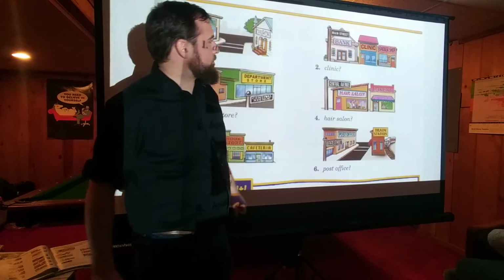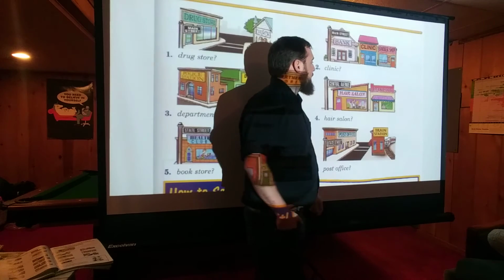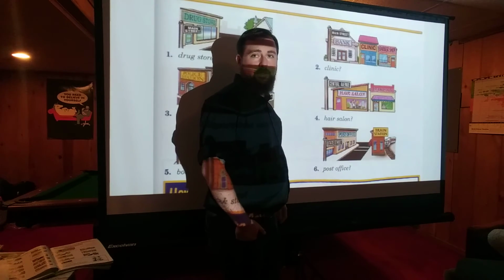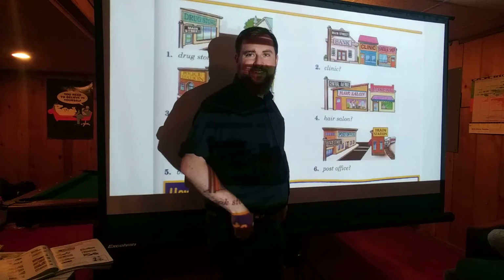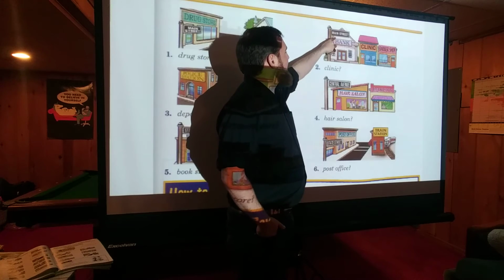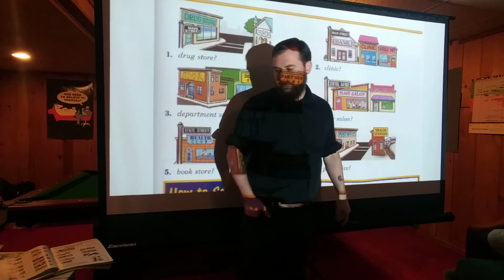Number 2. Excuse me. Is there a clinic in this neighborhood? Yes, there is. Boy, my eyes look kind of cool there, don't they? There's a clinic on Main Street between the bank and the barber shop.